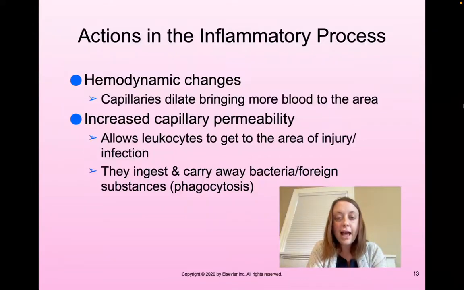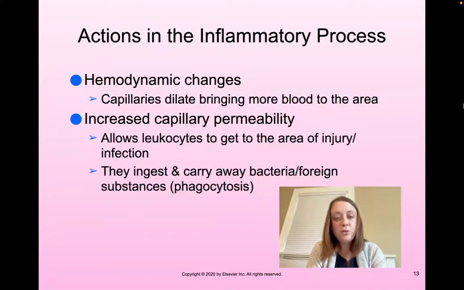So there are several different actions that come together in the inflammatory process. First, when there's some kind of damage to tissue, an infection, whatever it might be causing inflammation, there are hemodynamic changes. The capillaries in that area dilate so that more blood can be brought to the area. Then those capillaries increase in permeability.